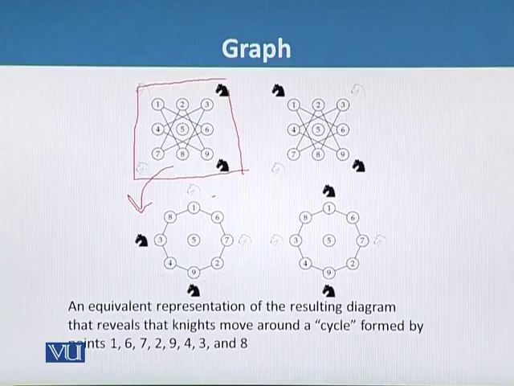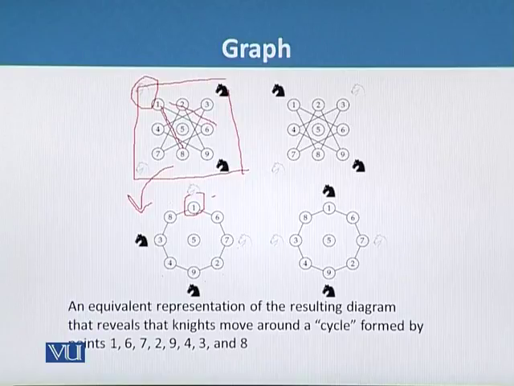If the horse is at position number 1, it can move either to position number 8, as we have seen previously, or to position number 6. So we have written it in cyclic form: the horse at position number 1 can move either to position number 8, this one, or to position number 6.